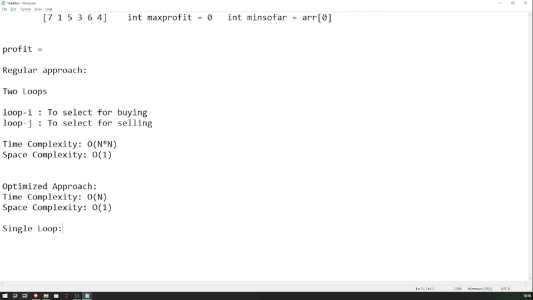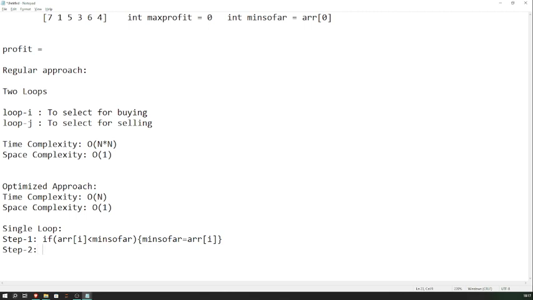In that, step 1 would be: if arr of i is less than min so far, then update min so far, meaning minimum so far is equal to arr of i.